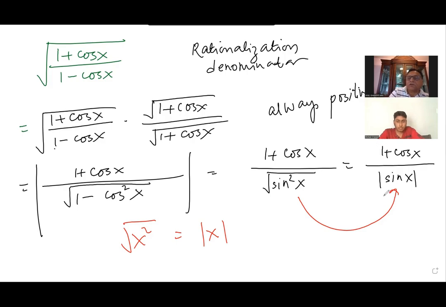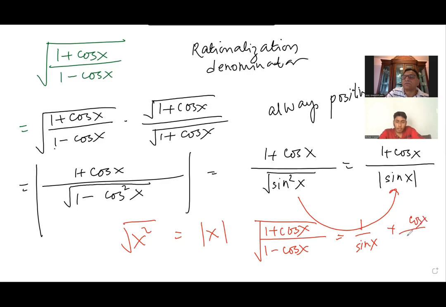We could actually continue. We got 1 plus cos x. Let me rewrite on the next page, or we can write it here itself. We just showed that square root of (1 plus cos x over 1 minus cos x) equals 1 over sin x plus cos x over sin x, correct?